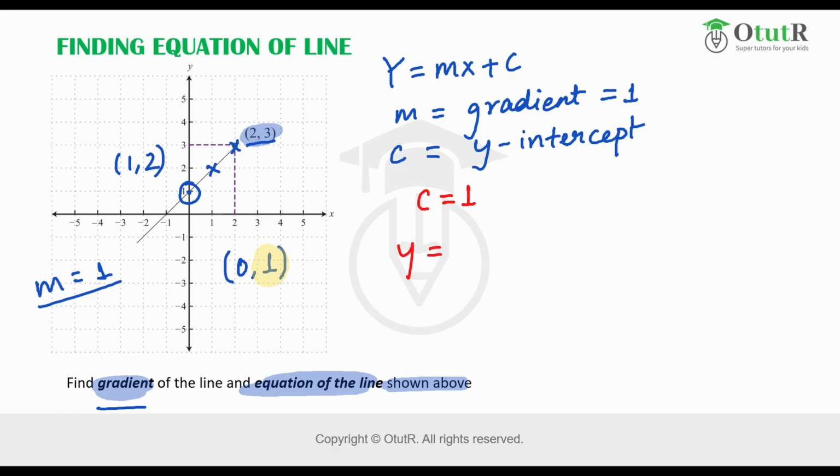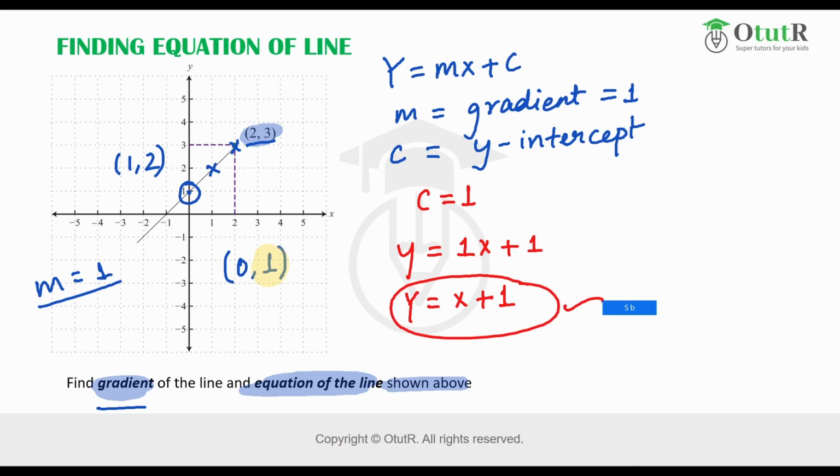So in place of m, we are going to just write 1x, and in place of c, we are also going to write a 1. So basically, it will become y = x + 1, because 1 multiplied with x is just x. Okay, so this is your equation.